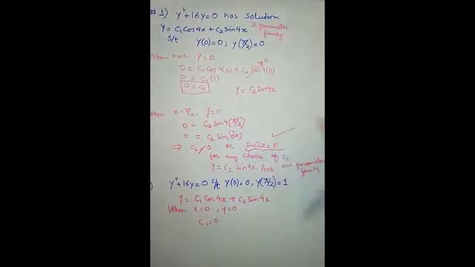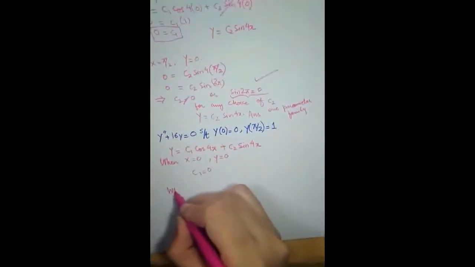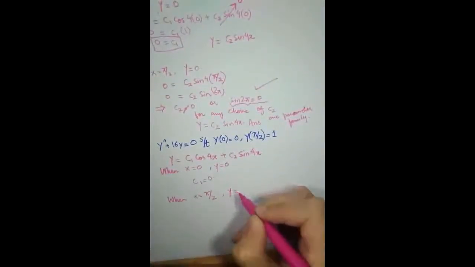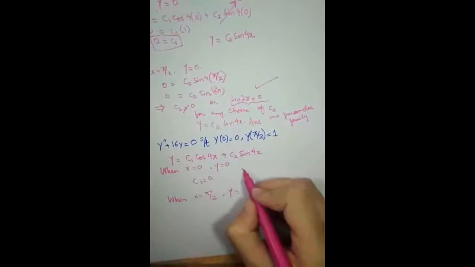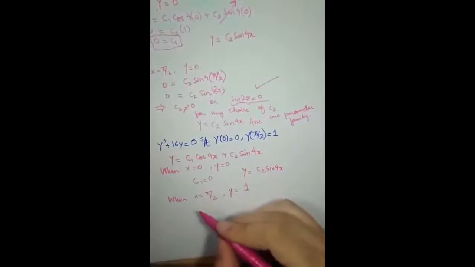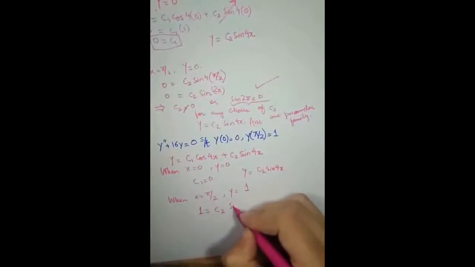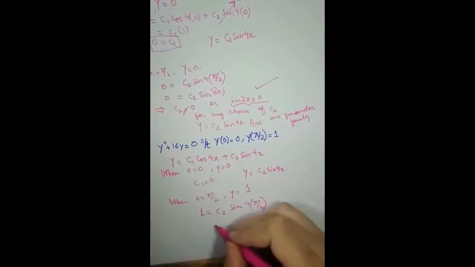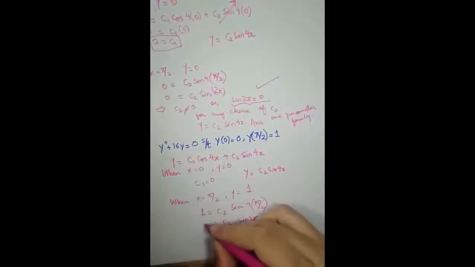Okay, we come to the second condition, which is the changed condition. So when x is pi by 2, y is what? 1. So we apply here, and your solution here is now C2 sine of 4x. So y is 1, C2 sine of 4 into pi by 2, C2 into sine of 2 pi equals 1.